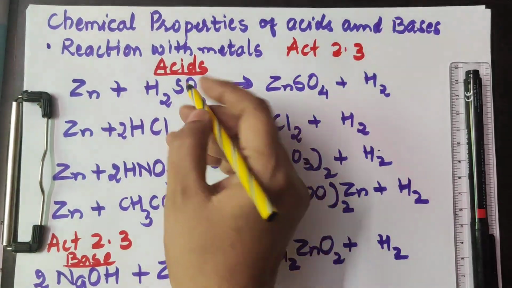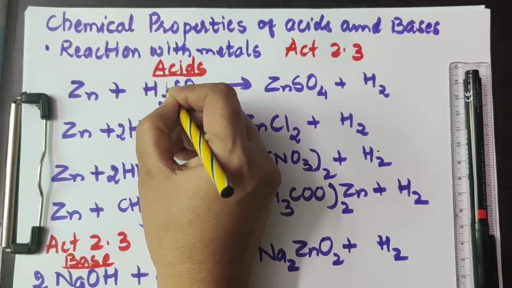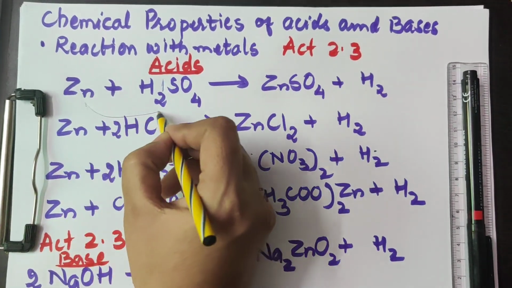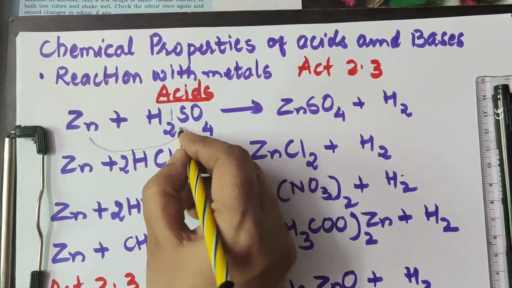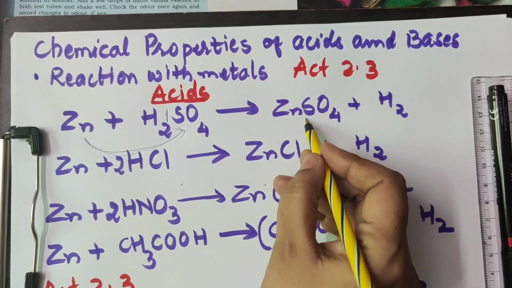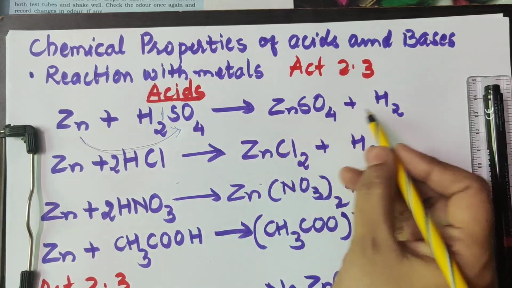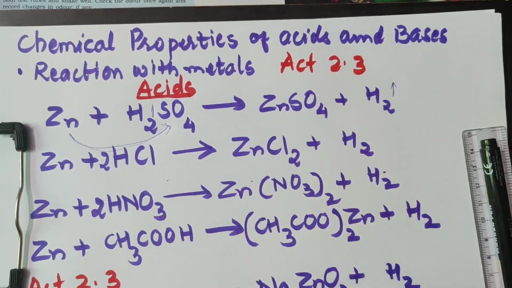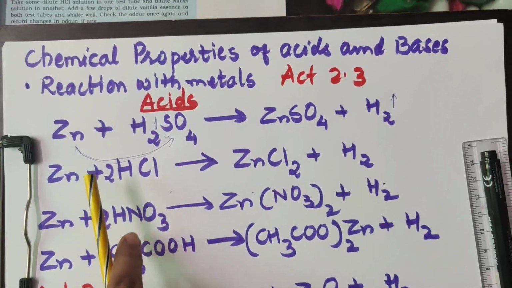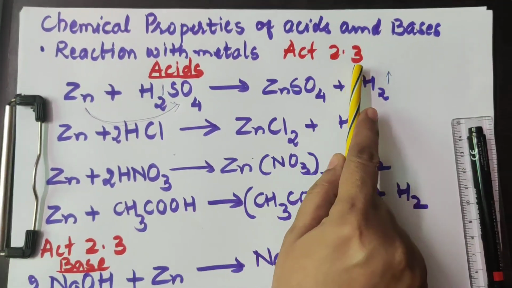Here we observe that hydrogen gas is liberated and zinc combines with the sulfate radical to form a salt, zinc sulfate. Hydrogen gas is liberated, which we show by an upward arrow. So this is the result of activity 2.3.